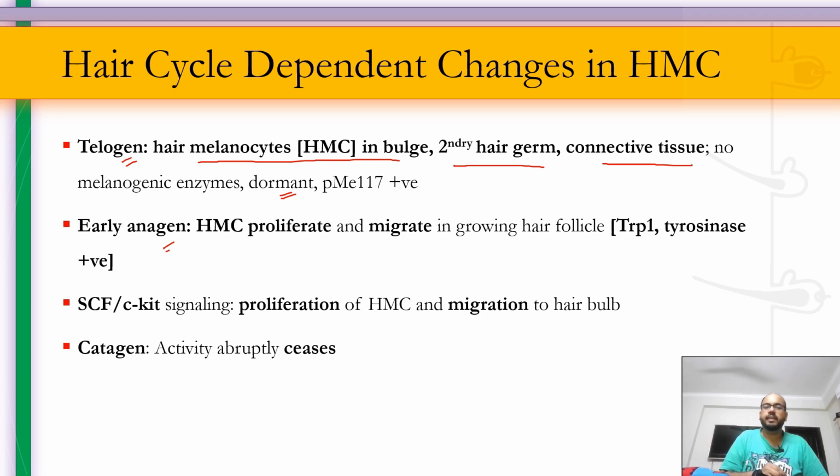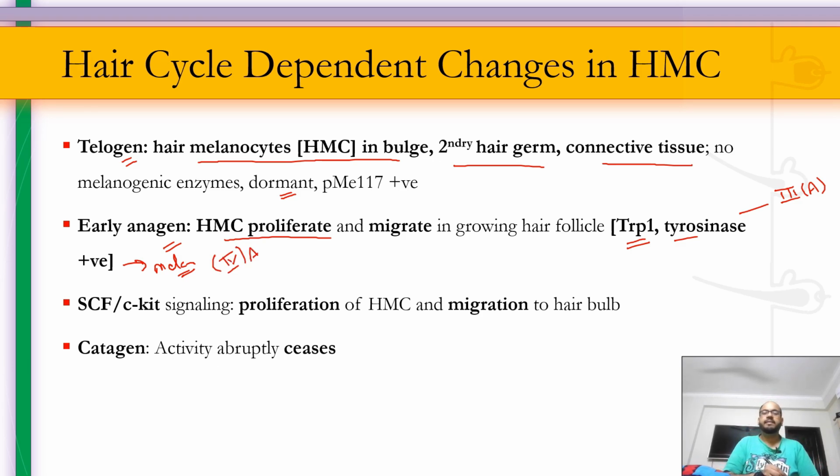In early anagen, hair melanocytes will proliferate and increase in number, and they will migrate in the growing hair follicle. In stage 3 of anagen phase, they will develop TRP1 and become tyrosinase positive, and when these enzymes have started to develop in the hair melanocytes, they are ready to form melanin. The tyrosinase and all the enzymes will start in stage 3 of anagen, and melanin synthesis will start in stage 4 of anagen.